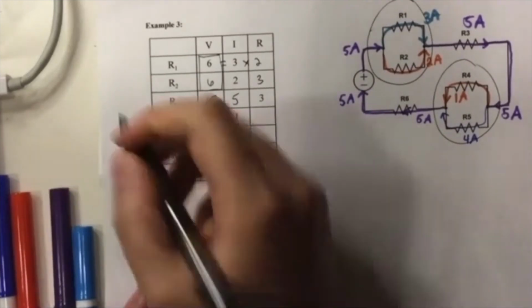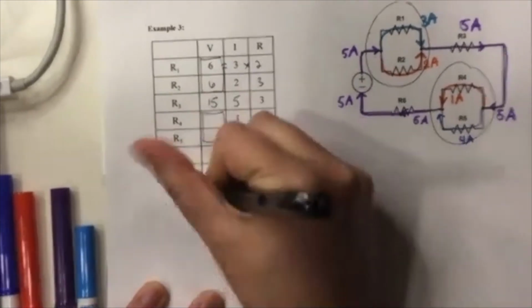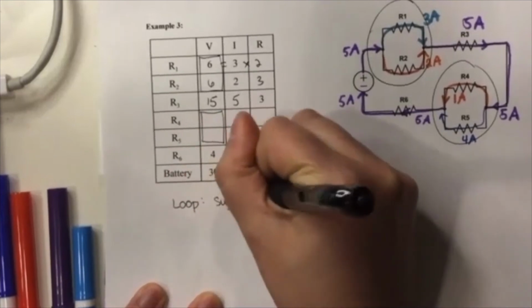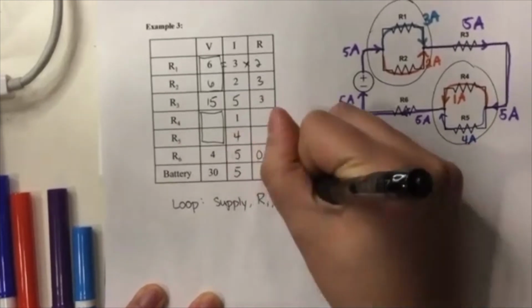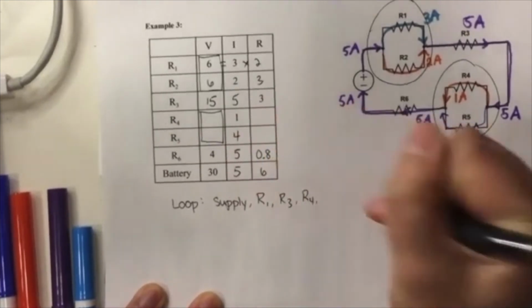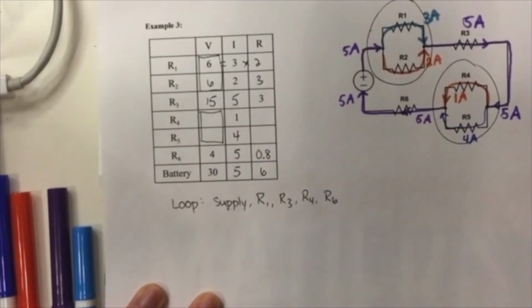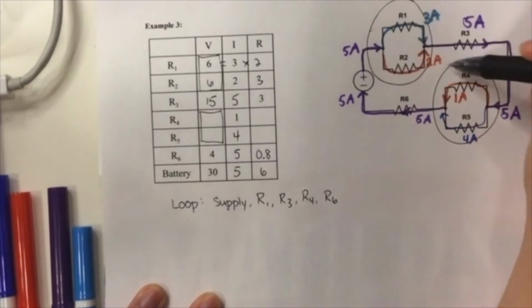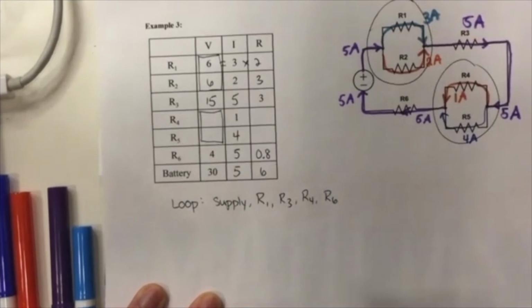So let's say I define a loop, and I say my loop is going to be electrons go through the supply. Then they go through R1. They go through R3. They go through R4. And finally R6 before they head back to the supply. So I'm defining my loop as going from the supply through R1, R3, R4, R6, and back.